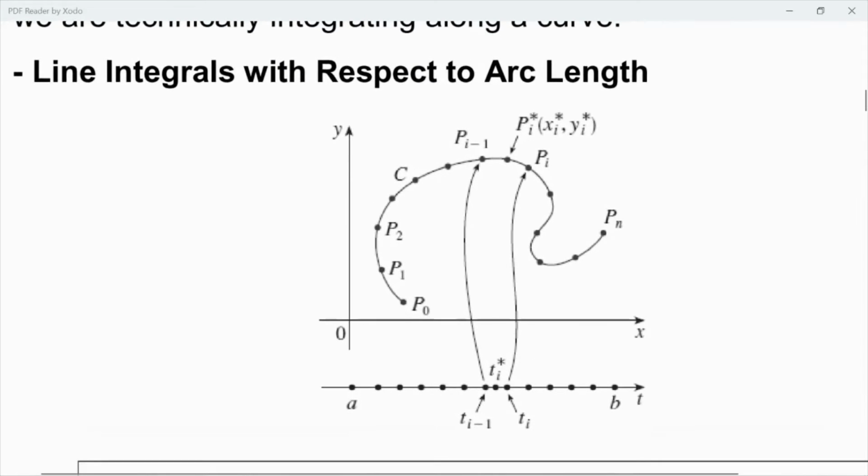You can see here what we're trying to think about is how we would integrate, instead of along the x-axis or the y-axis in this diagram, along this curve that we have here, this curve C. And if you notice, we're going along these points from P0 to P1 to P2 and so on.